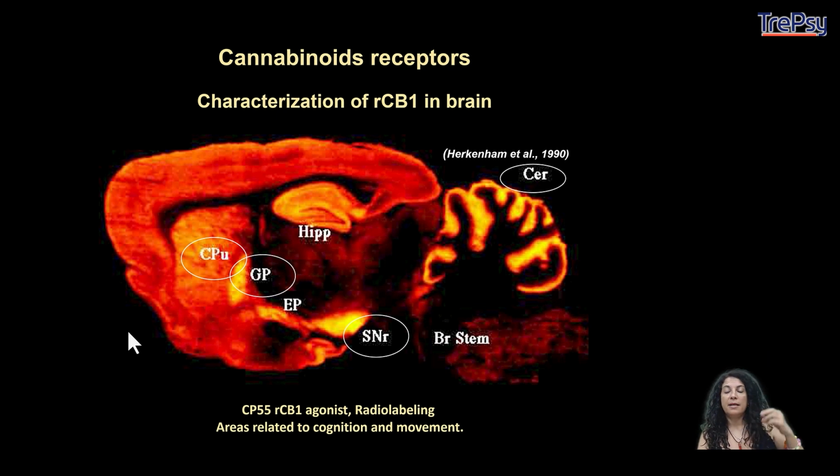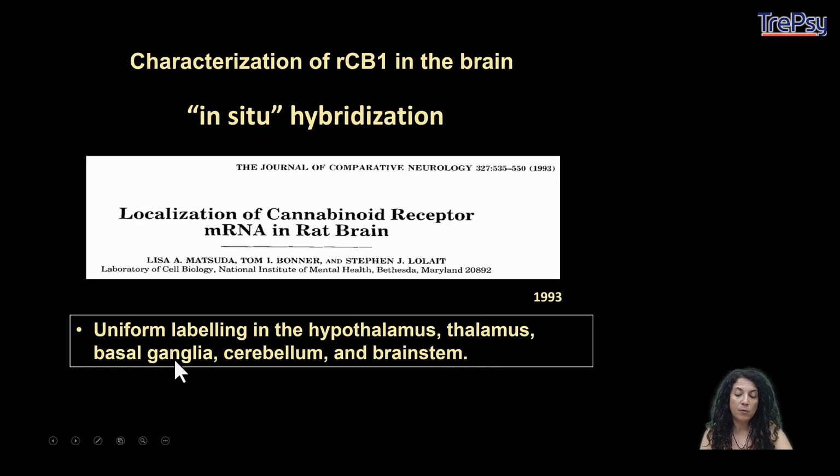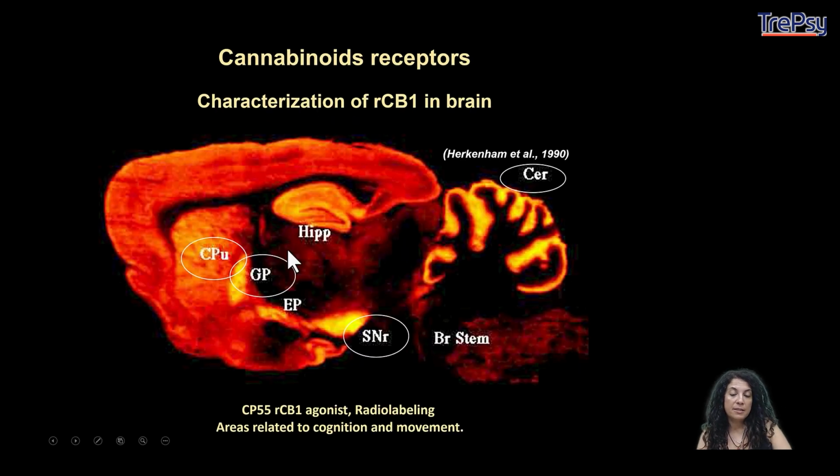In 1990, Herkenham found that the CB1 receptor, by radiolabeling, is in areas related to cognition and movement.